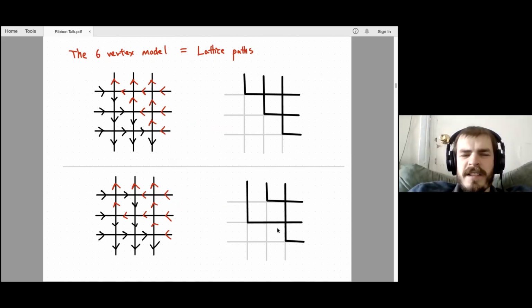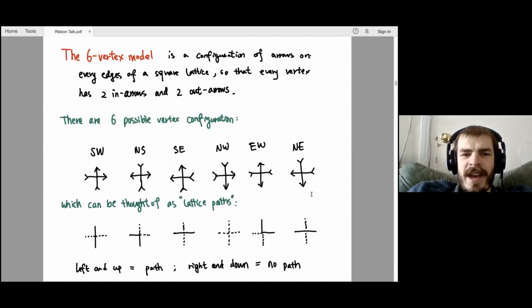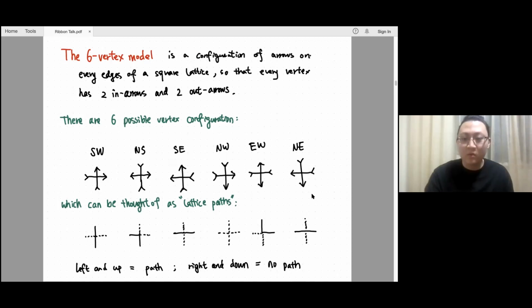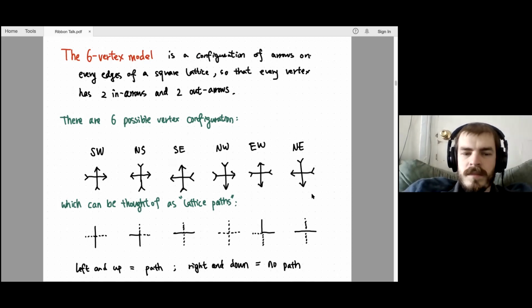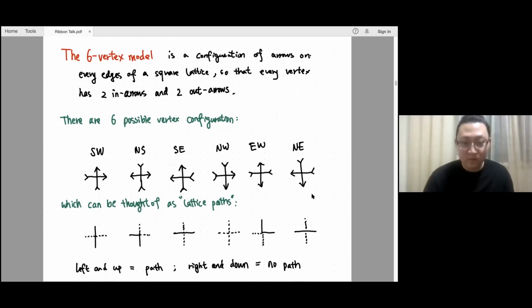I noticed in the last slide, it looked like 2 of the paths were the same, the 3rd and the 6th. Oh, indeed. Wait. I see. So the 3rd one is supposed to be, whenever there is an up arrow, there is a path.